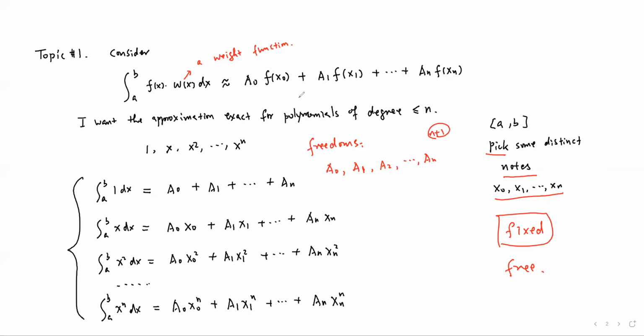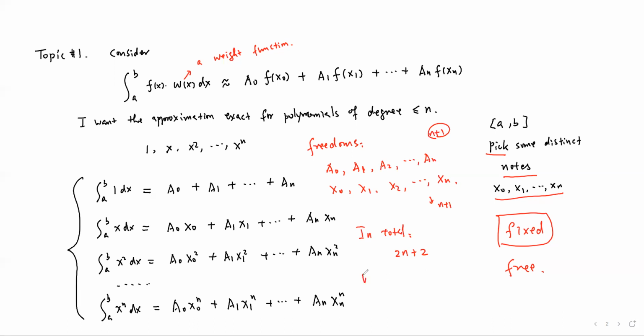Now we also have freedoms to choose the nodes. How many? N plus 1. So in total, we have 2n plus 2 freedoms to decide this quadrature formula.